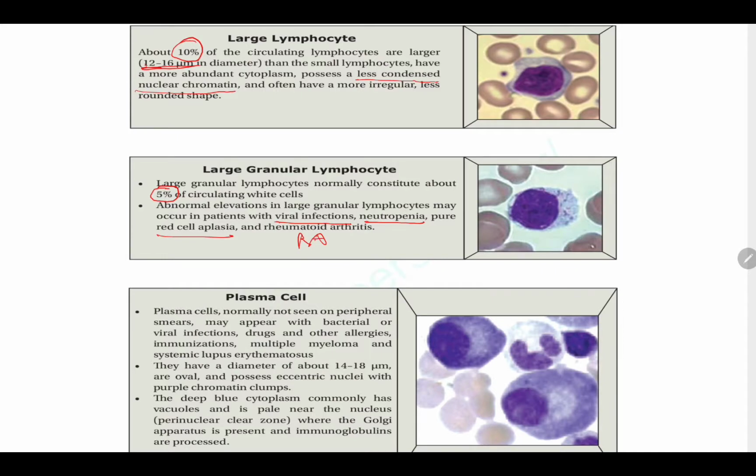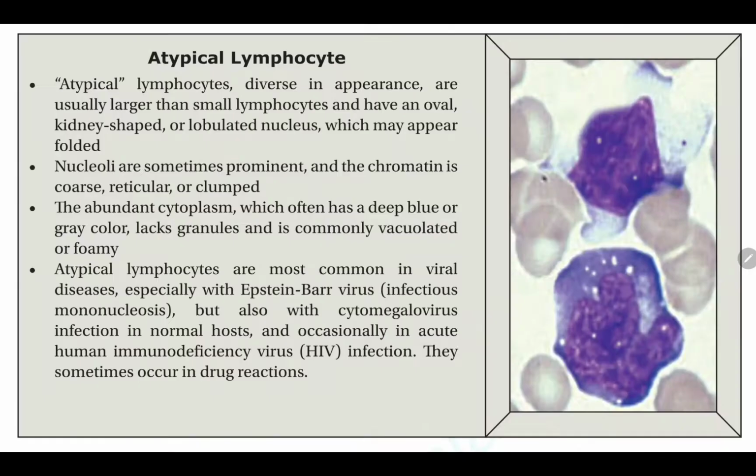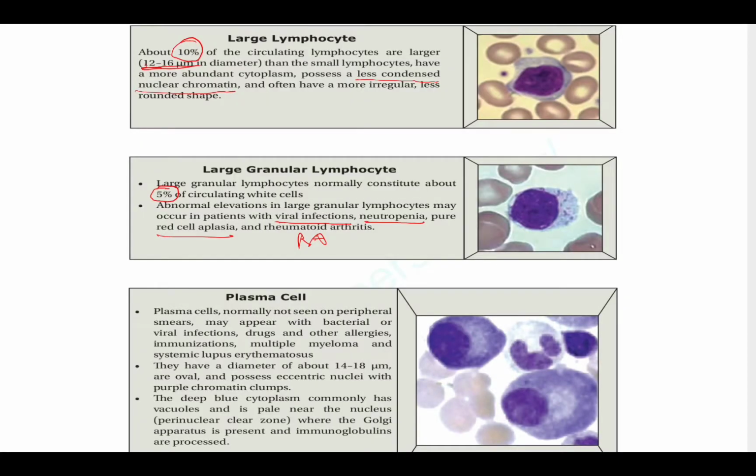Okay. Then the plasma cell: normally no plasma cell is seen in peripheral smear. It can occur in bacterial or viral infections, drugs, multiple myeloma, which is the commonest finding, and SLE.